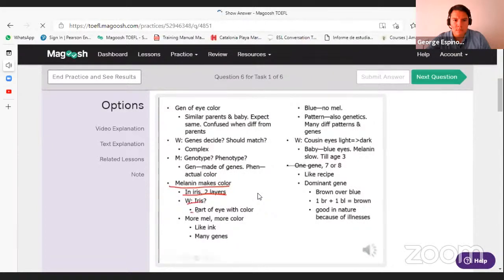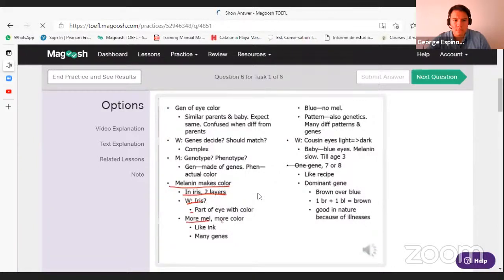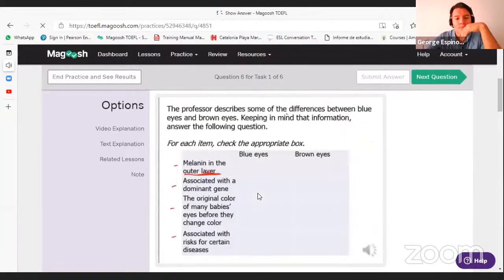And the professor explained what the iris is. And then he said that when there's more melanin, there's more color. And blue eyes have no melanin in the outer layer of the iris. So it's not blue eyes, it is brown eyes that have melanin in the outer layer.